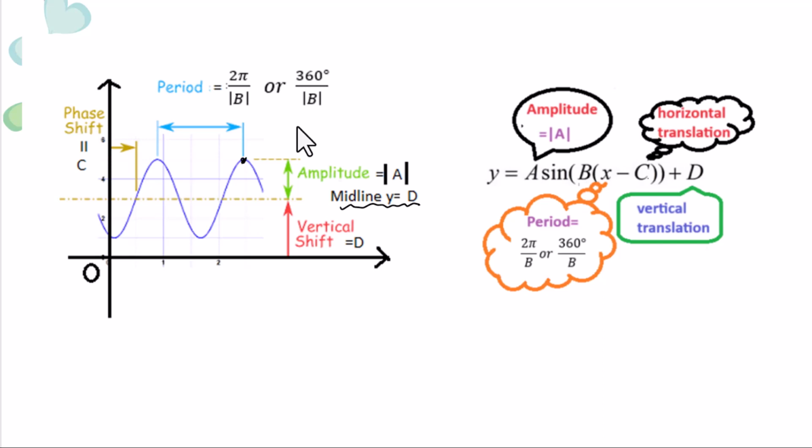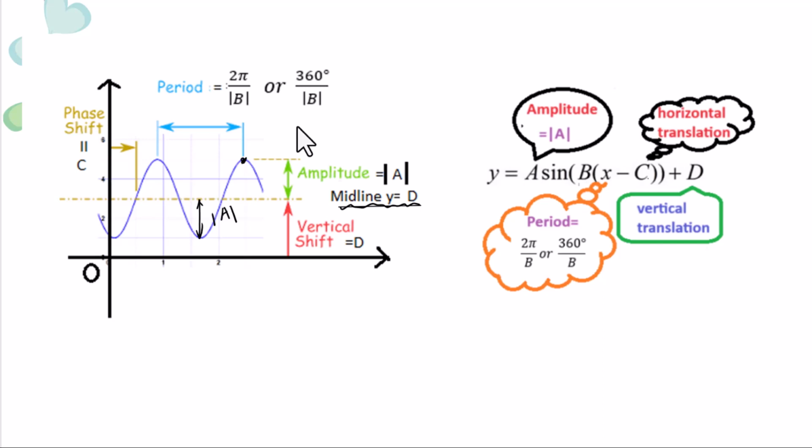This C will perform a horizontal translation. In the graph of a sine or cosine function, y equals D is called the midline. The distance from maximum to the midline or from minimum to the midline is called amplitude.